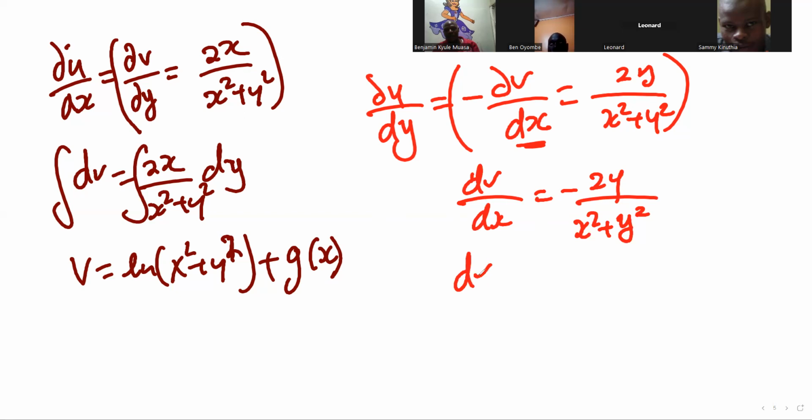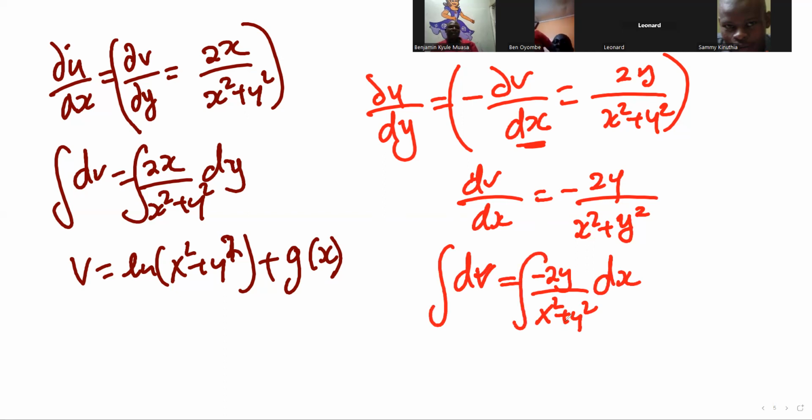So then in this case, we are going to have our dv equal to minus 2y over x squared plus y squared dx. Integration of this one here, so integrating in terms of x. And the differential of this one is not what is on the top there. This is just like a number.